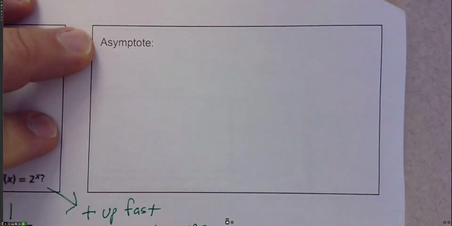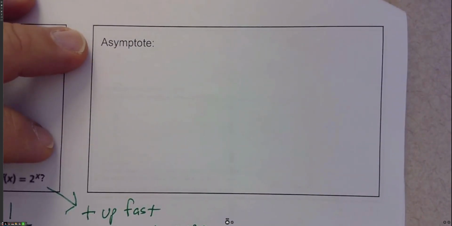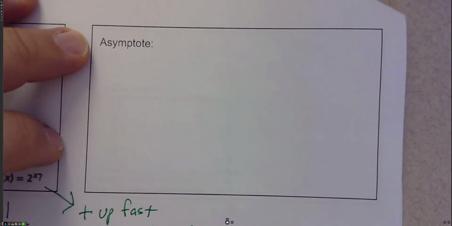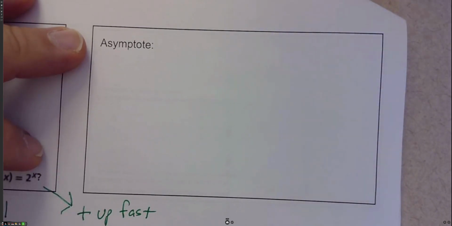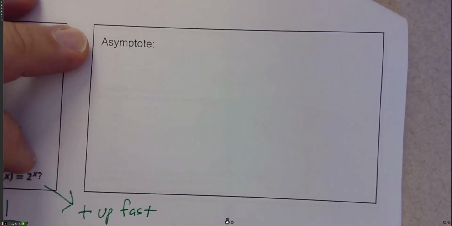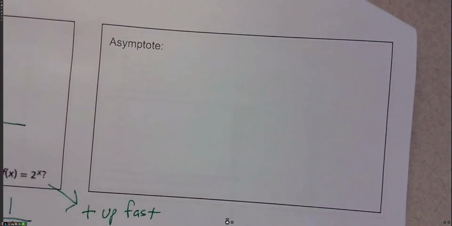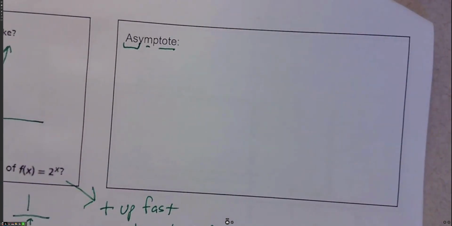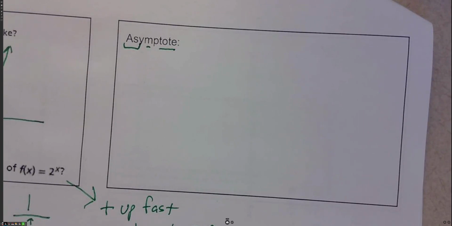All right. Anyone want to guess how to pronounce this word? Asymptote. So we say this part, and then this part, and then this part. What's the first part? As.